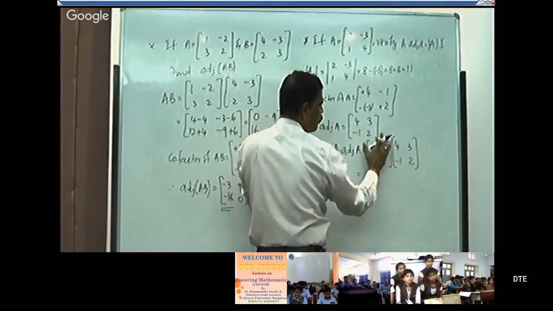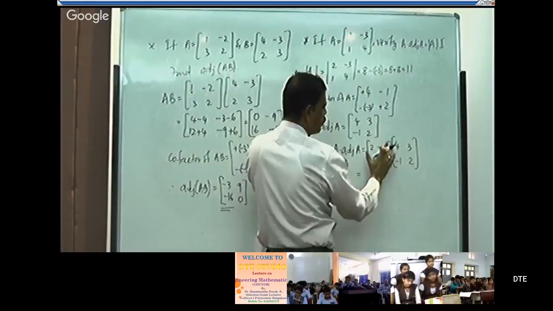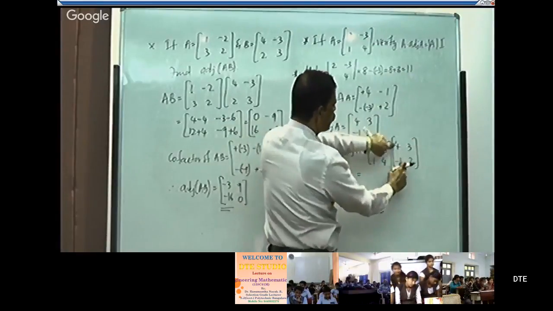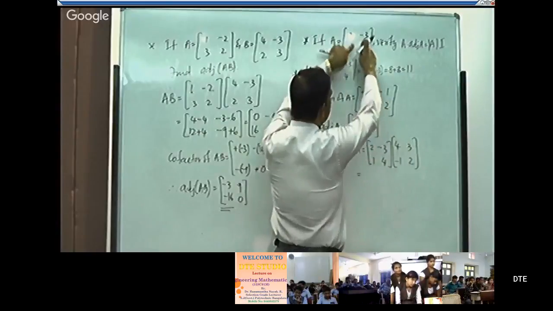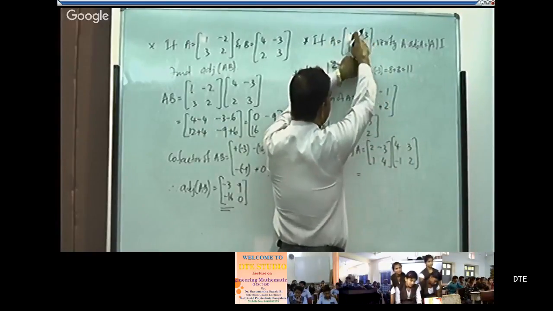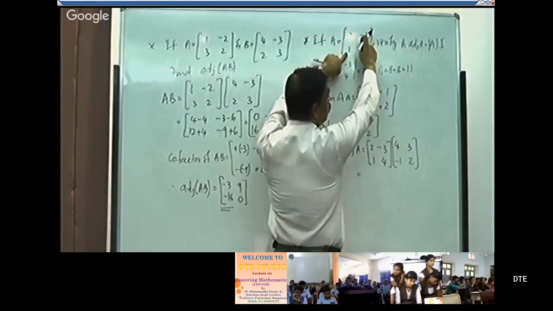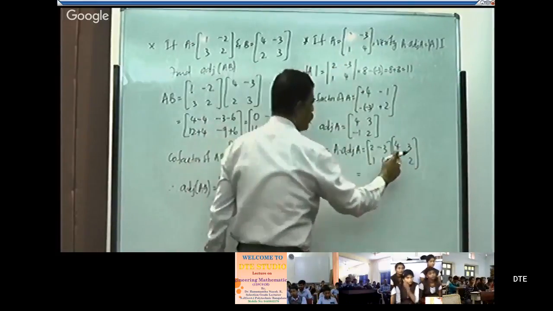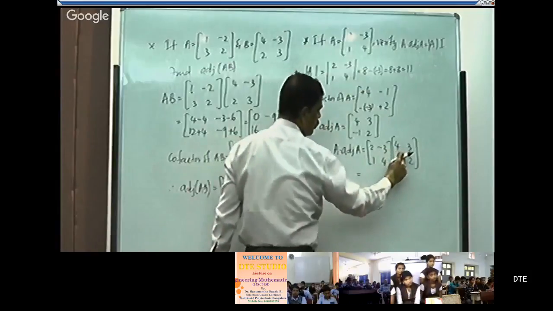So in this way, we can also check the adjoint of a 2 cross 2 matrix directly. Interchanging principal diagonal elements, and changing only the sign of the secondary diagonal elements. So here, that is adjoint A.